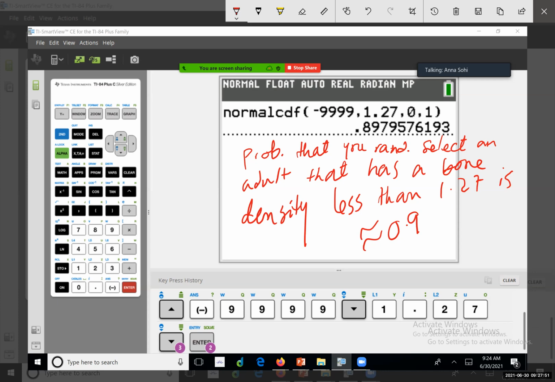About 0.9, you could write 0.898 or about 0.9 or 90%.